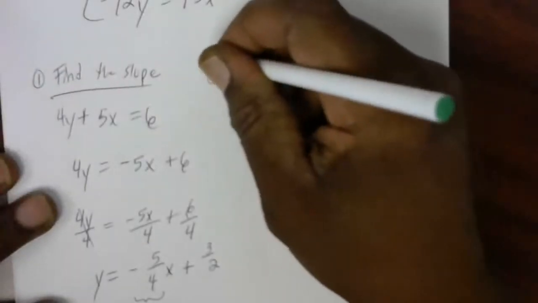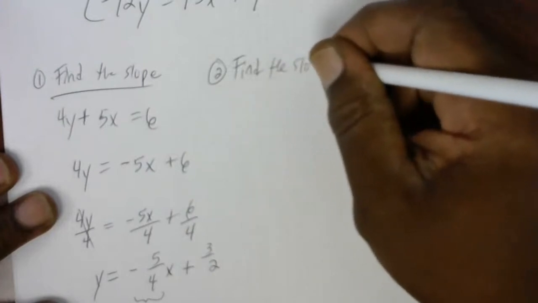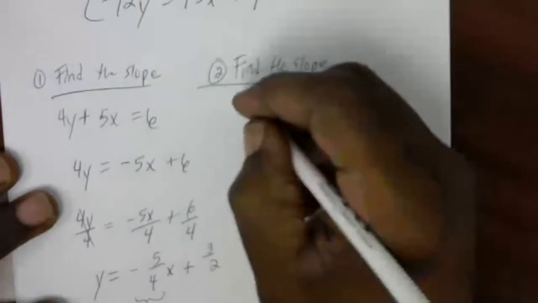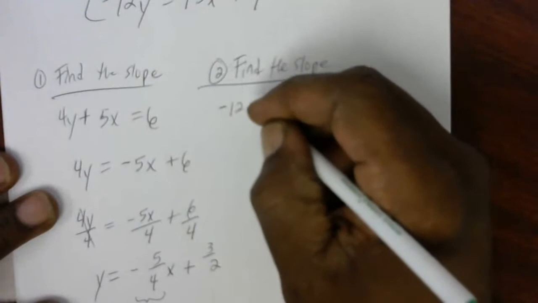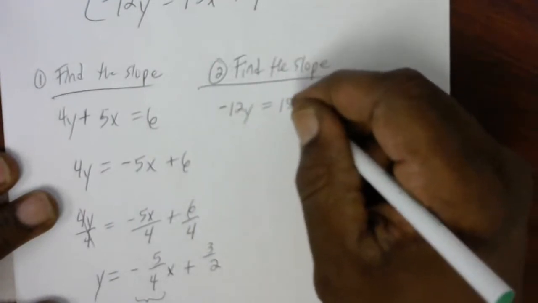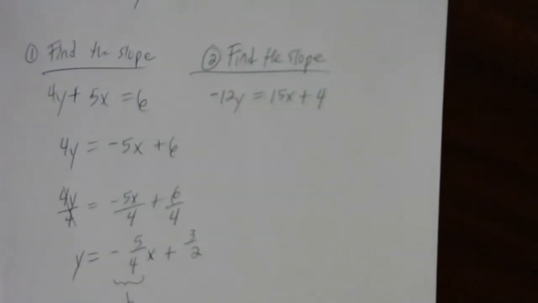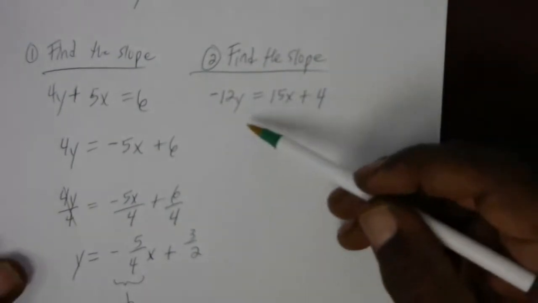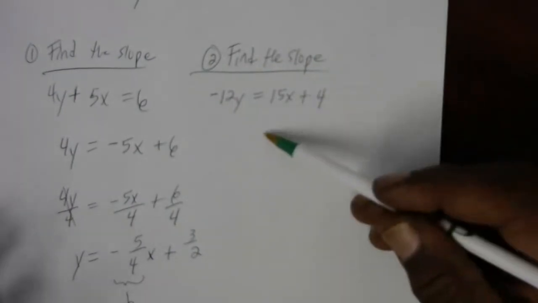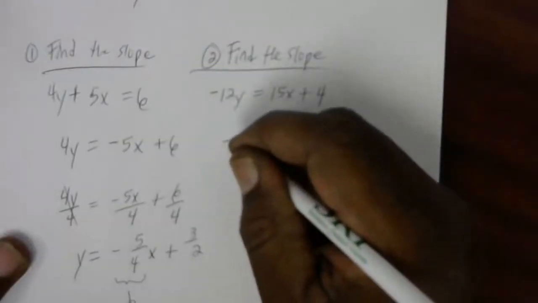The second thing we're going to do is find the slope for our second equation: -12y is equal to 15x plus 4. All right, so here again, we want to solve it for y. So I'm going to divide everything by -12.